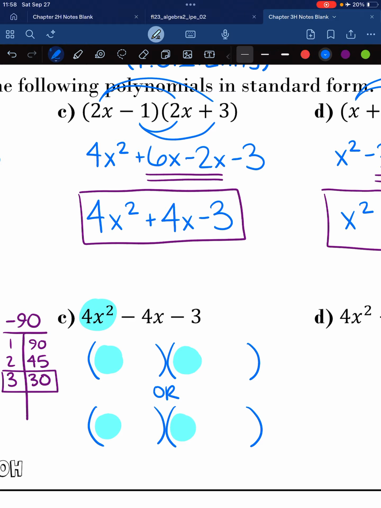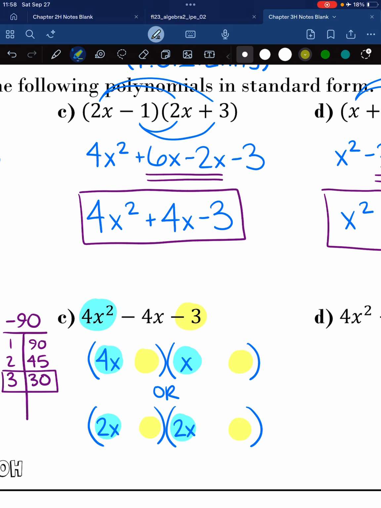It could be 4x times 1x, or it could be 2x times 2x. And I'm just not sure which one is going to work yet. So let's leave it for now and look at this last value.